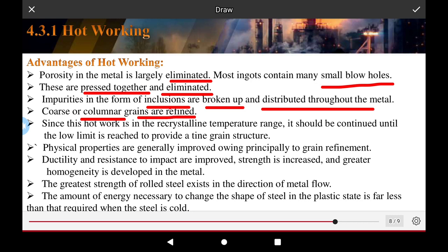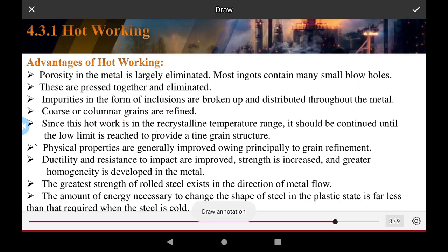Since hot working is done in the recrystallization temperature range, it continues until the lower limit is reached, providing a fine grain structure.